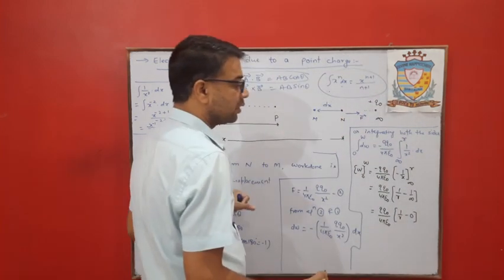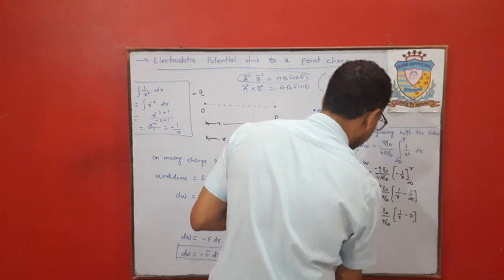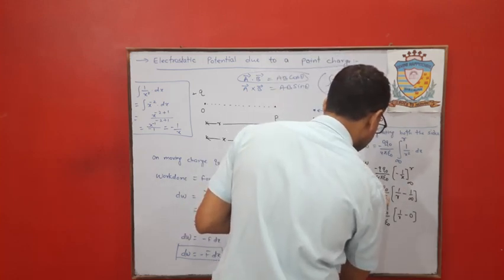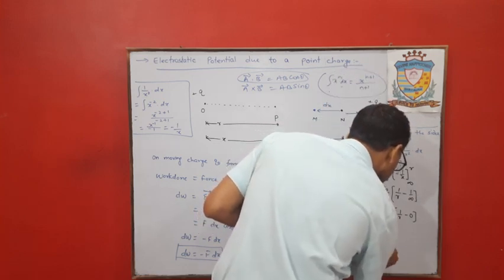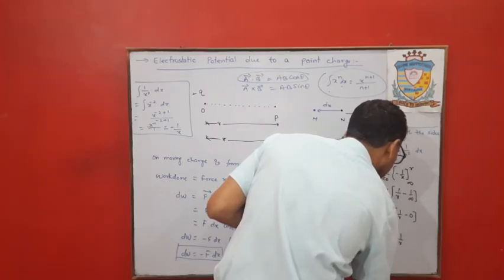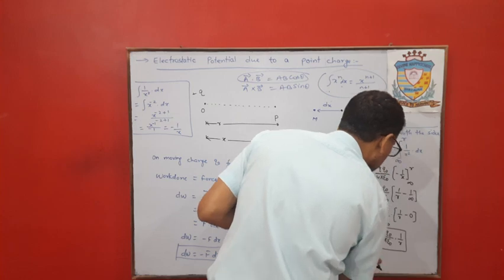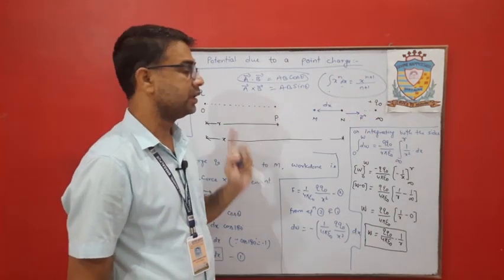The value of 1 upon infinity is 0. So here this work done W minus 0, which is equals to W, or this W is equals to q naught upon 4 pi epsilon naught into 1 by r. So this is the total work done to move a unit positive test charge from infinity to a point P.